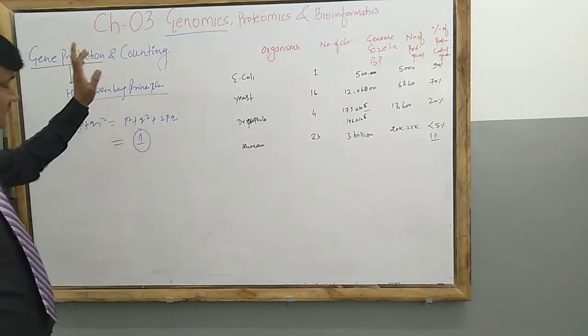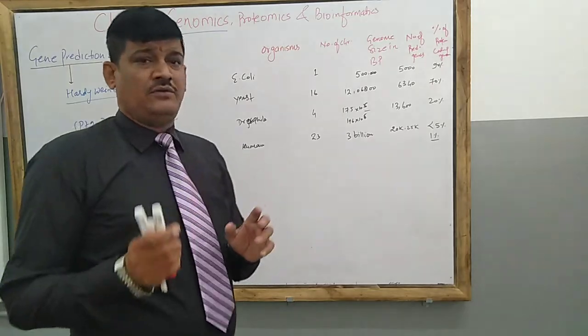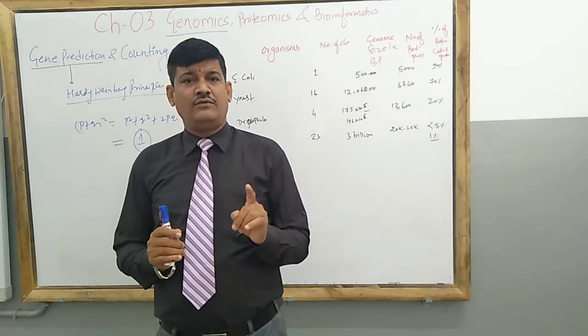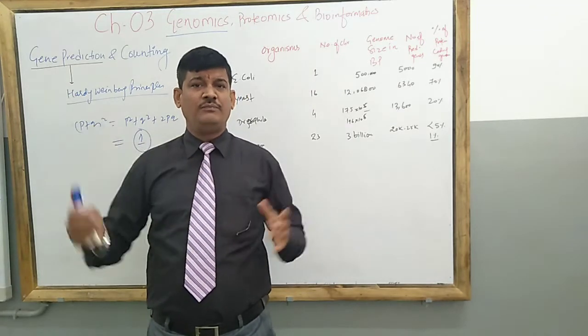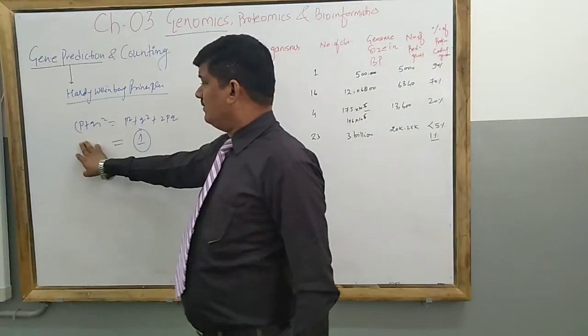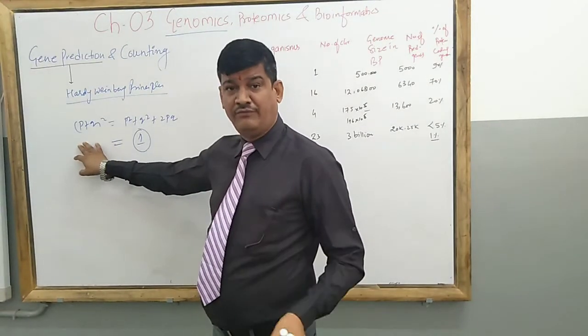But in a population, actually we are counting the individuals of a population. So if there are 1,000 individuals living in a population, the allelic frequency may be different.